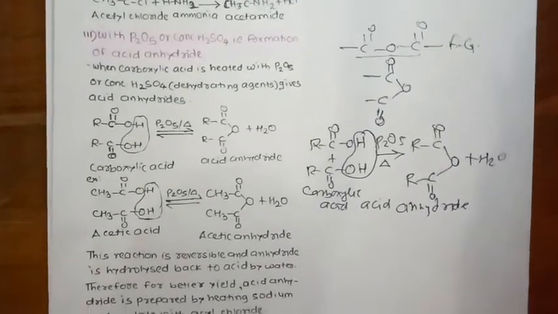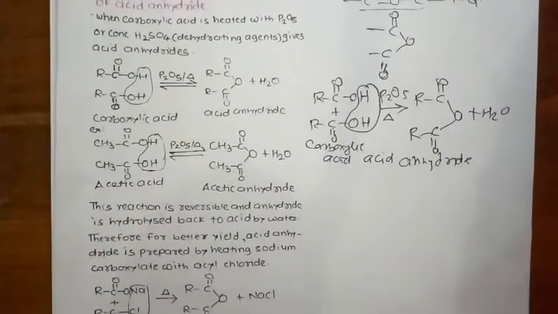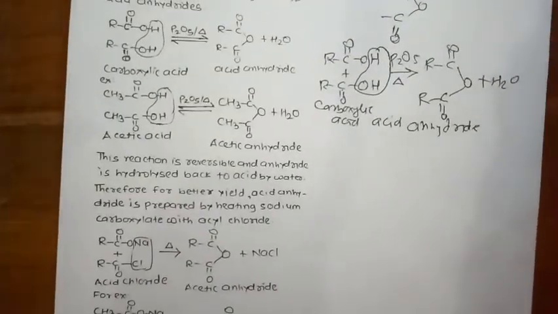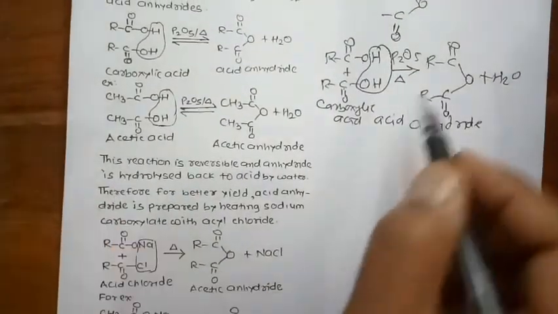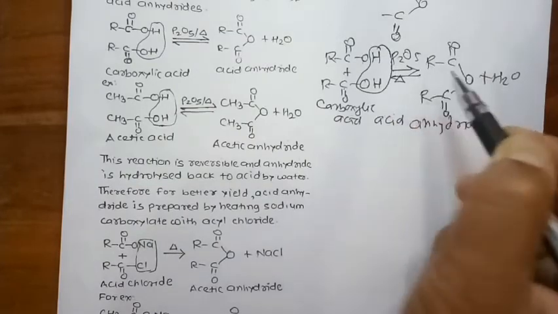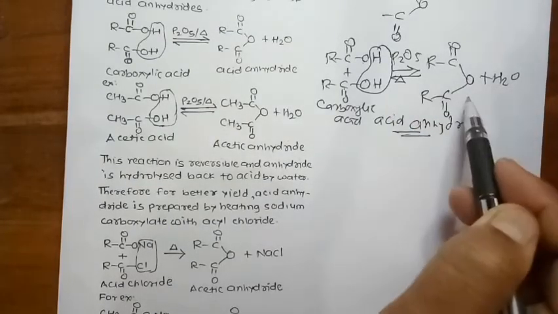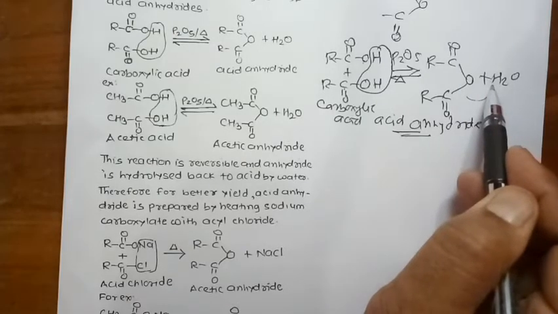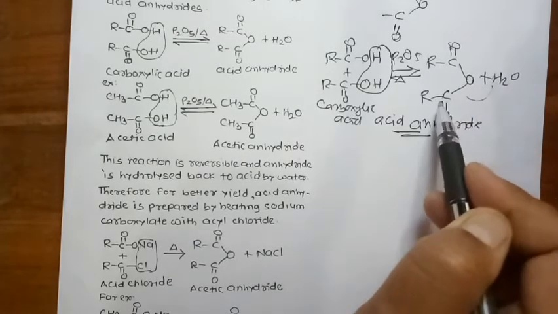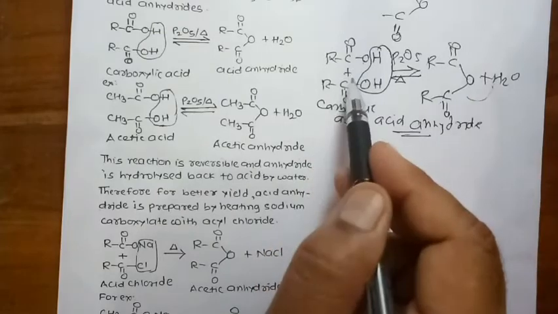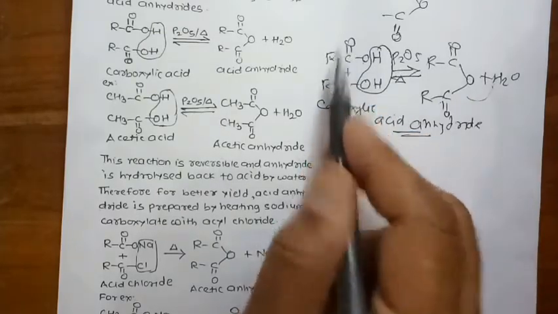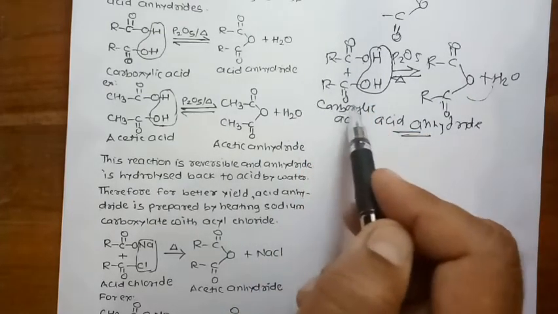Now here I have taken an example, when acetic acid is heated. It is a reversible reaction. Why is it a reversible reaction? Because this anhydride which is formed here again combines with H2O, and hydrolysis of this anhydride molecule takes place, and it again forms 2 molecules of carboxylic acids.